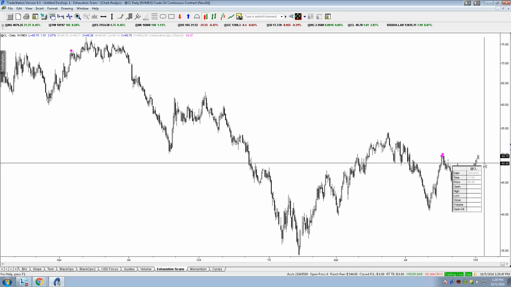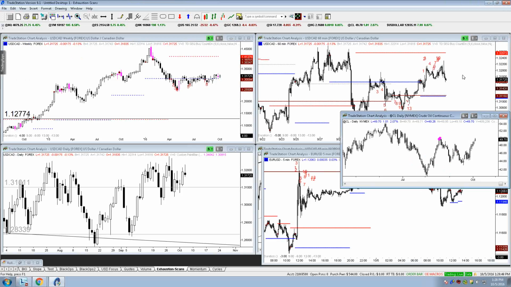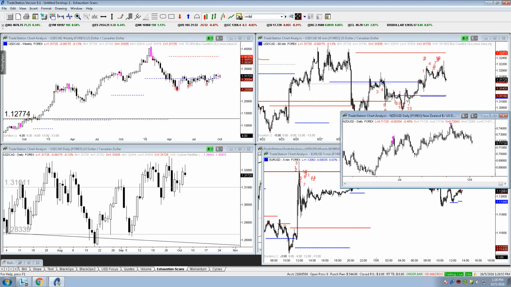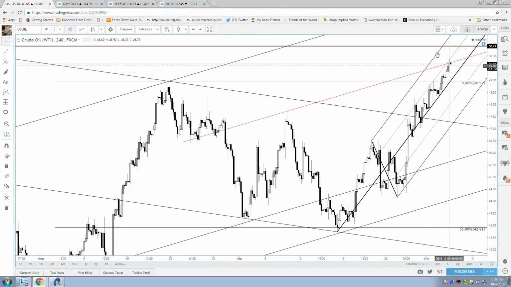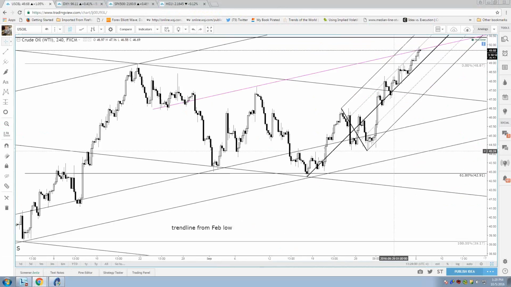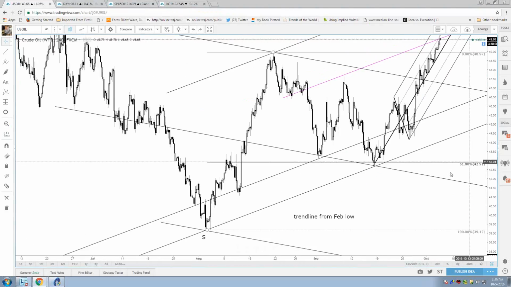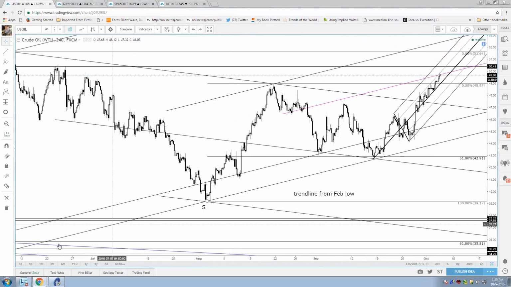Either way, Can Wall, I would be looking for a pullback in crude oil at this point, given the chart I just showed you, right? So, work with the trend line from the February and August lows. All right.